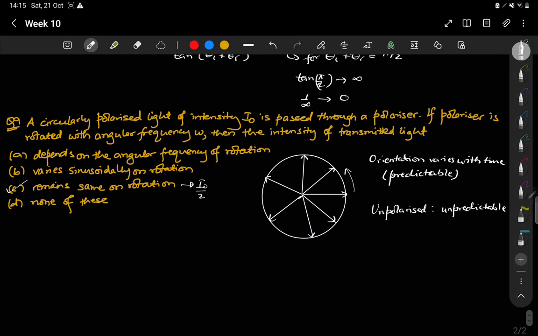Finally, the last question of the day. This is on birefringent crystals.